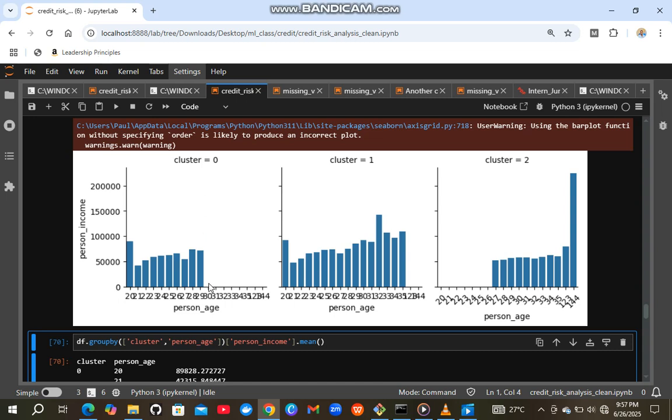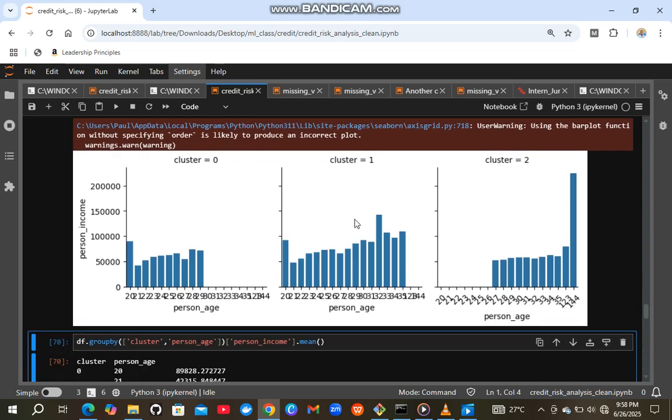You can see the rest of the scale is kind of empty here, whereas cluster 1 has a lot of 30-year-olds, and cluster 2 actually starts from close to 30. The youngest person is 30 and onwards.